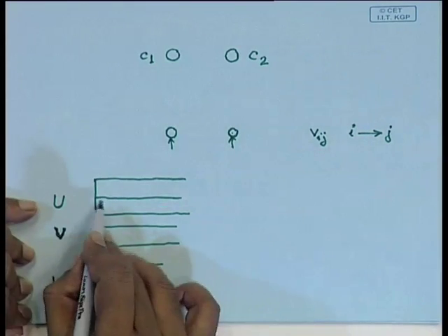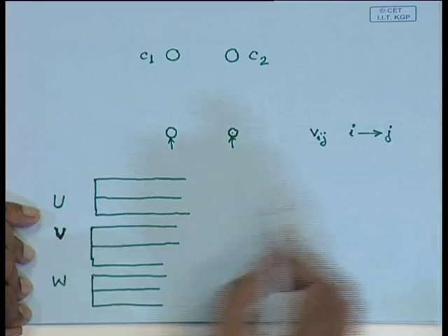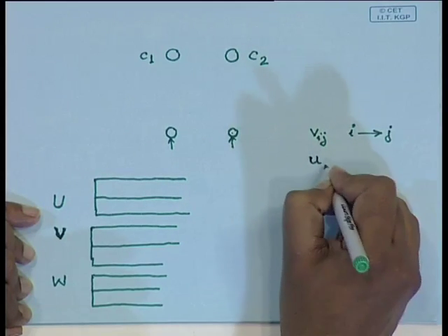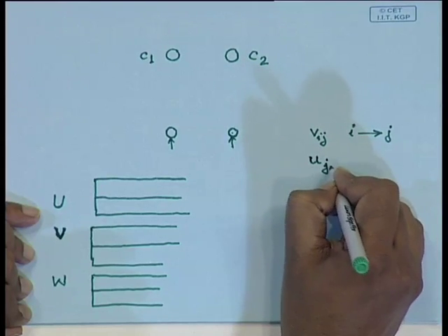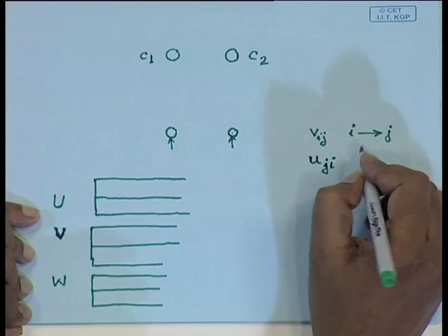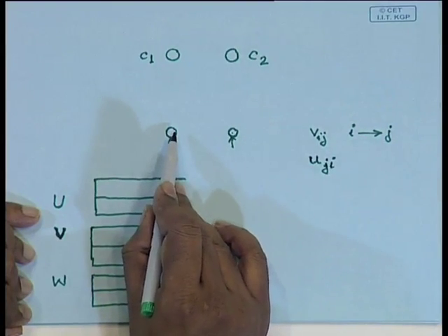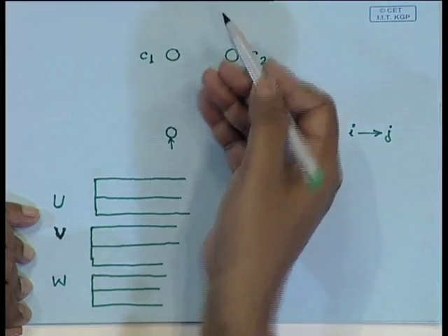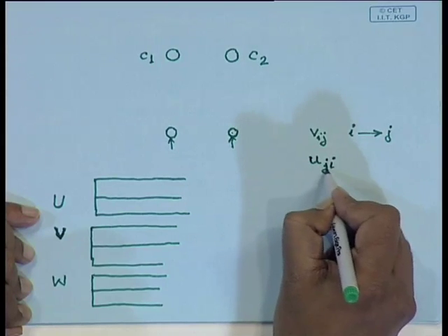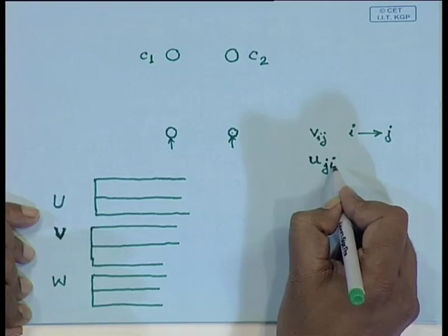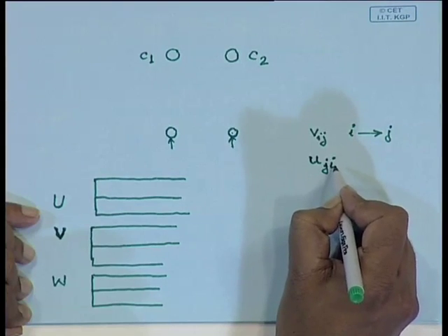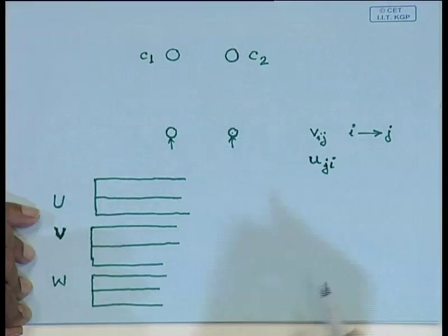will represent a connection from the ith node in the input layer to the jth node in the middle layer. Okay. Whereas, in matrix U, the entry U j i will represent a connection from the ith node in the middle layer to the jth node in the output layer.